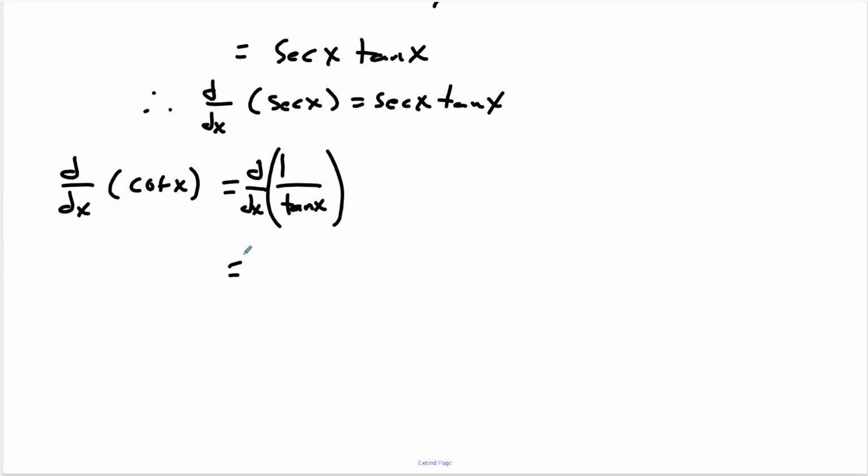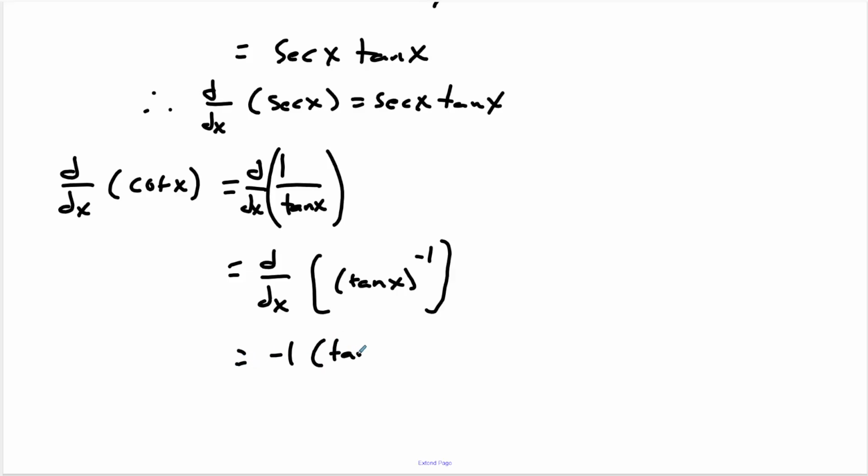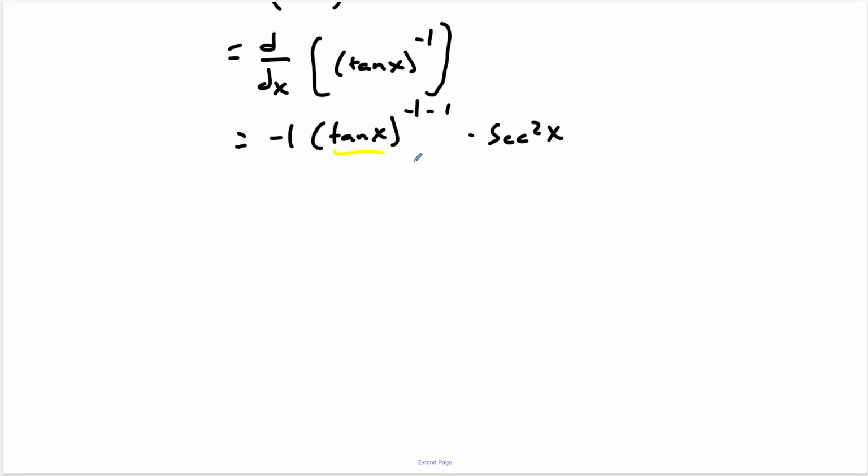So in this case, we can write it as d dx of tangent of x to the negative 1, not inverse, remember that. So this will be the same as negative 1 times tangent of x to the negative 1 minus 1, times the derivative of the inside, tangent of x. That, remember guys, is secant squared of x. We just proved that in this video.